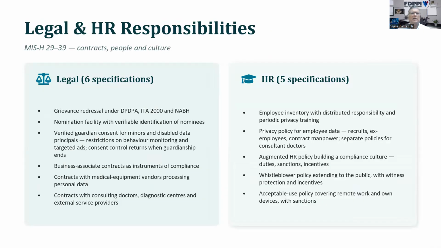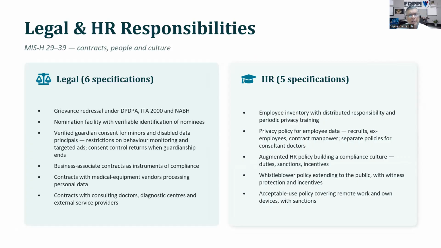The legal and HR responsibilities are something like the grievance redressal, nomination facility, kind of things that fall under legal, and contracts, business associate contracts, medical equipment contracts, etc. In the case of HR, there is the management of the employees, plus many of these employees who are, say, doctors, they are actually consultants.